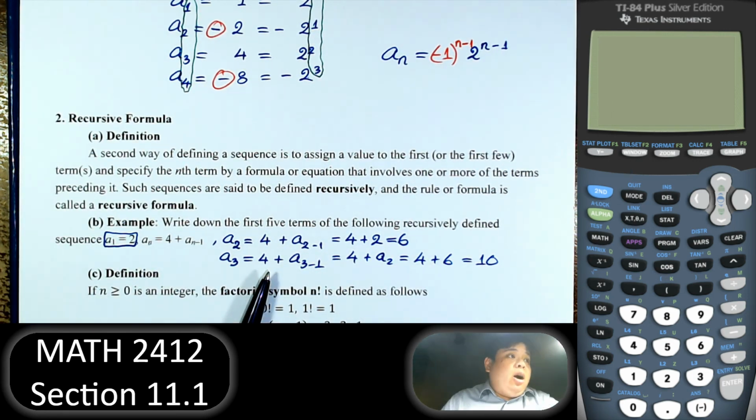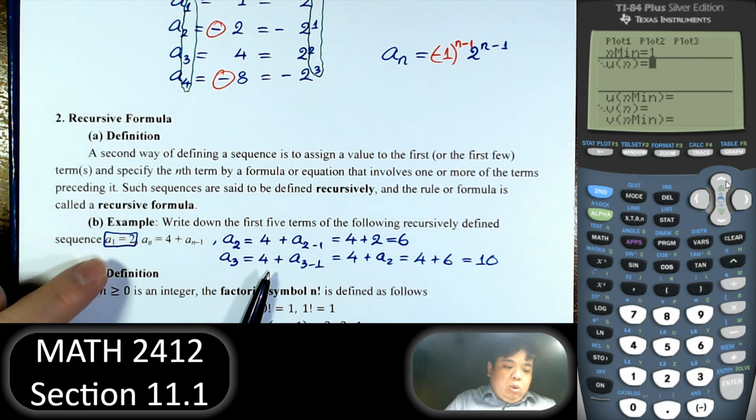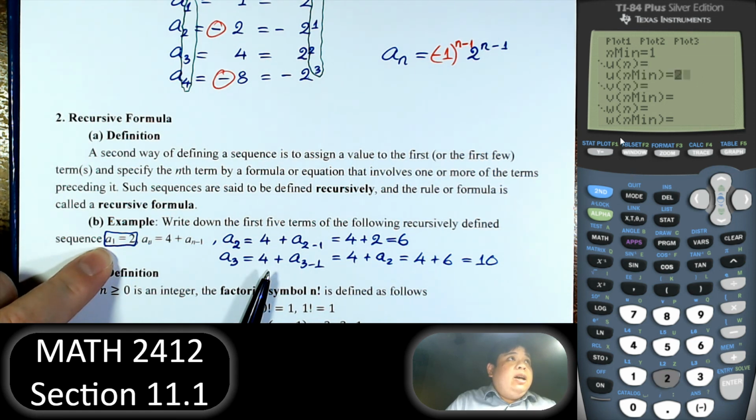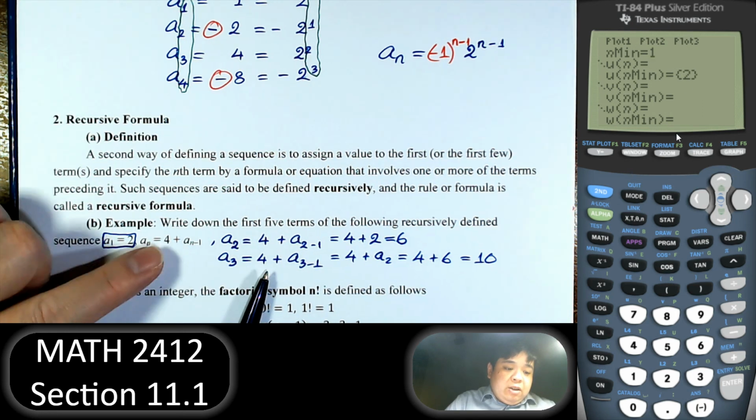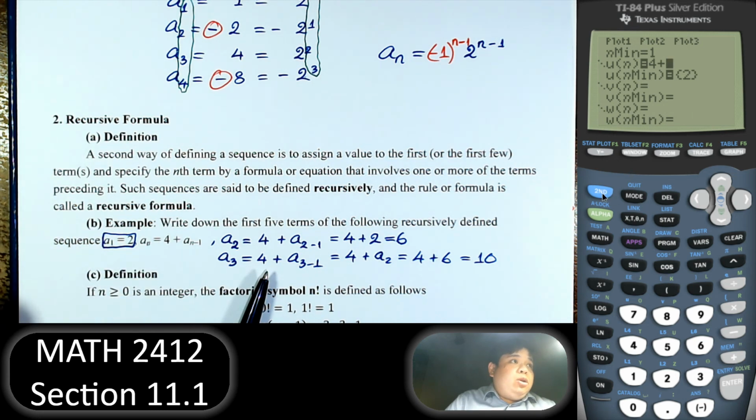By the way, we can put that recursion formula in the calculator. We start with 1, and here A1 is equal to 2. Right. After that, the recursive is that we have 4 plus, and then we have to use u second, and that number 7, and then we enter n minus 1.